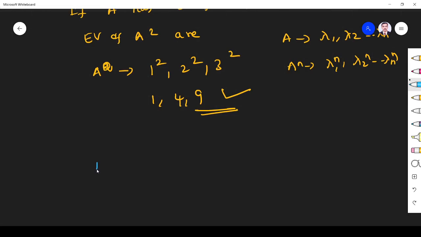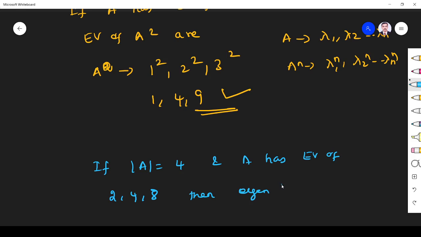Another important problem like this we can expect: if determinant A is 4 and A has eigenvalues 2, 4, 8, then what are the eigenvalues of adjoint A?